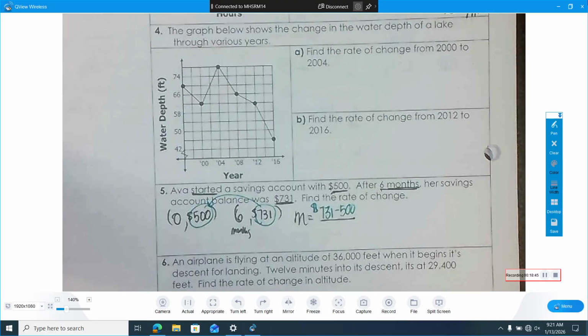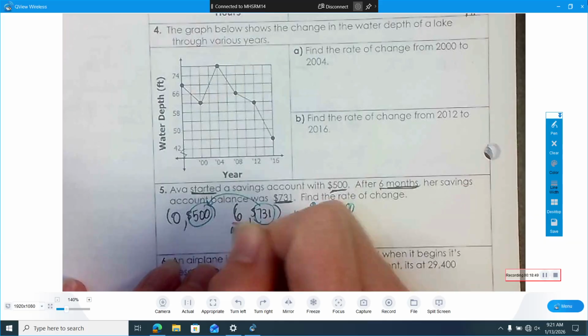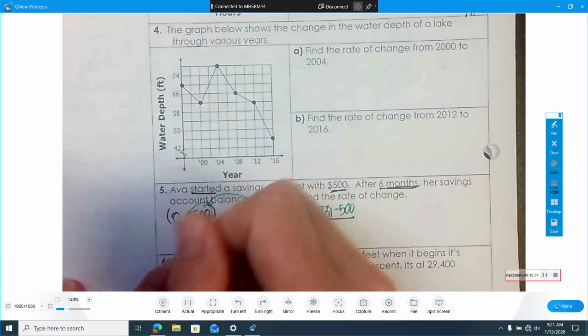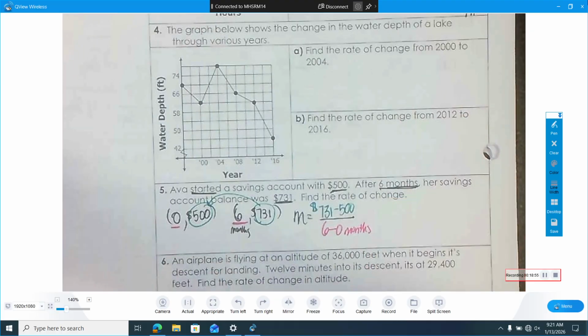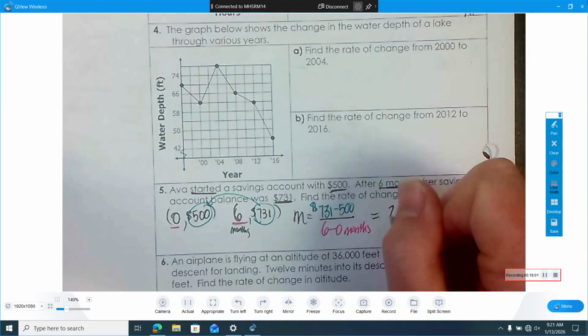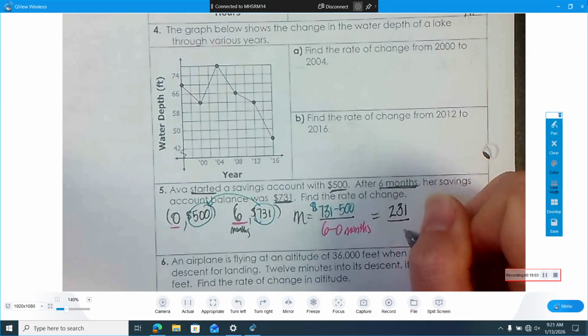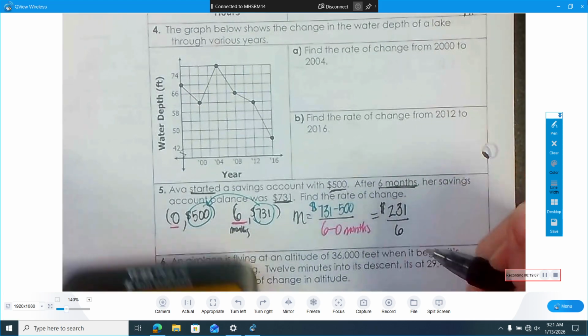Money's on top. And then what are we going to put on the bottom? 6 minus 0 months. All right, we're talking about time on the bottom. All right, 731 minus 500 is 231 over 6. That's $231 in 6 months.